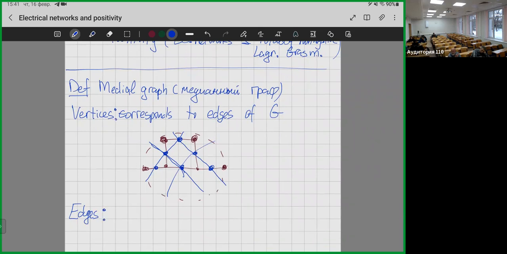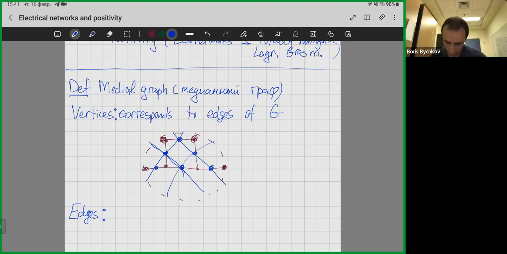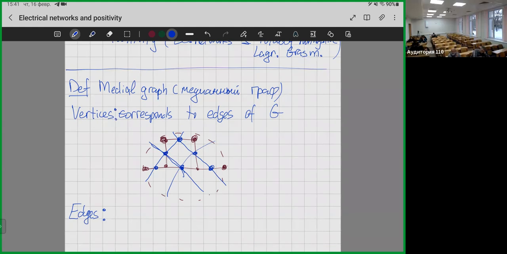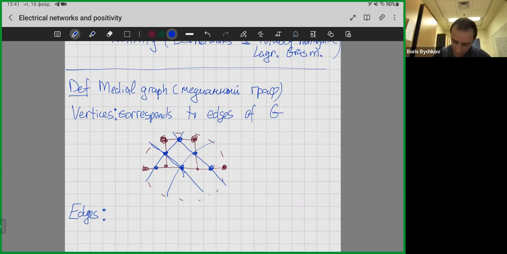On the diameter you have two neighboring blue vertices. Why are they not connected by an edge? I'm sorry, something goes wrong here.